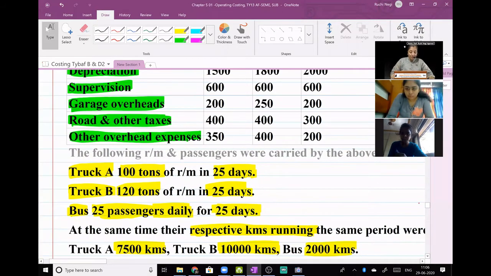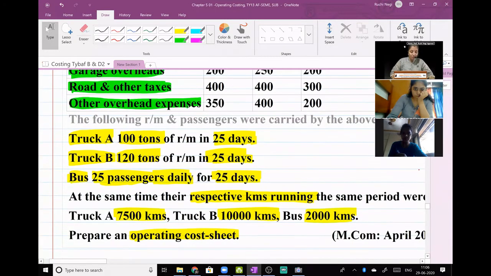Truck A carries 100 tons of raw material in 25 days. Truck B carries 120 tons of raw material in 25 days. Okay, and bus 25 passengers daily for 25 days. Now this information will be used somewhere. I'll tell you where.